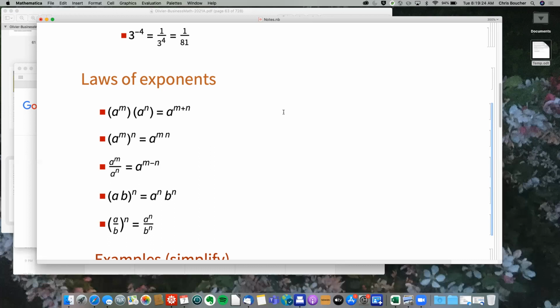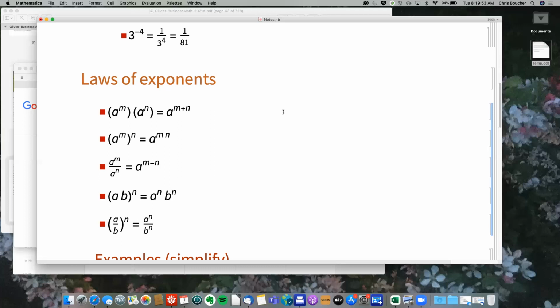Again, if I write out what this means, this is a times a and so on, 7 of them, and then 4 copies of a in the bottom. And what can I do to that fraction? Yeah, I can eliminate or cancel factors.